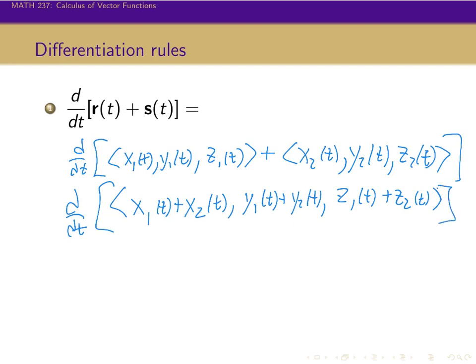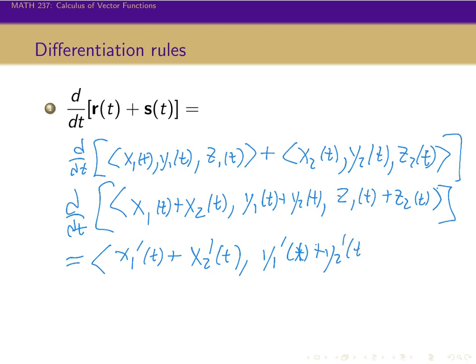Well, when we take the derivative of it, remember this derivative is just being done component by component. And how do you take the derivative of the sum? Well, it's the sum of the derivatives. And so this is going to be x1 prime plus x2 prime, y1 prime plus y2 prime, z1 prime plus z2 prime.